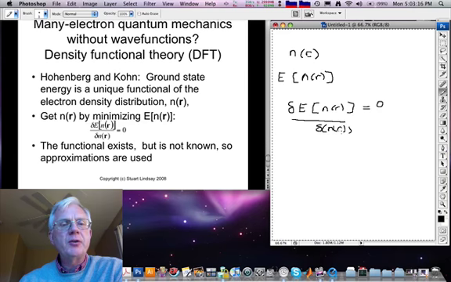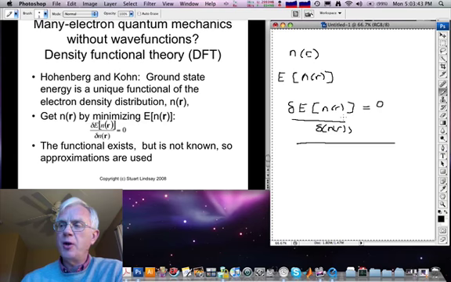Happily, we don't have to know too much more about it because the results have long ago been worked out by collaborators of Kohn and are available as packages available for free distribution in many cases that are relatively easy to use. Now, this sounds like almost magic. The drawback is that this functional E[n(r)] is not known.